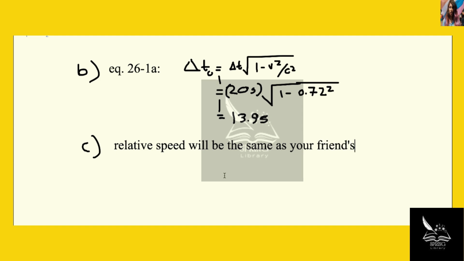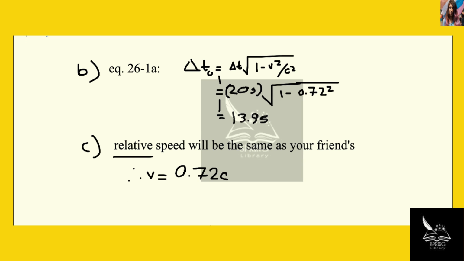And so remember, no matter what reference frame, relative is the key word. Relative speed is measured. You will measure the same speed, right? So therefore, v will be the same as how fast your friend appears to be moving relative to you, which is 0.72 times the speed of light. Okay, so it's the same speed.